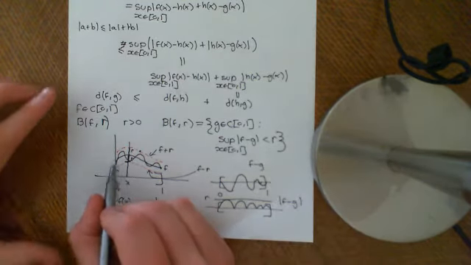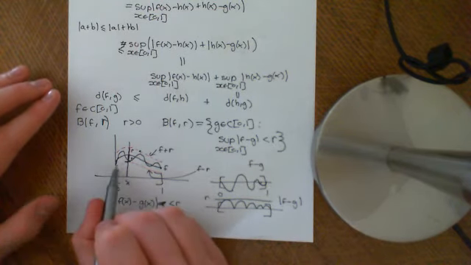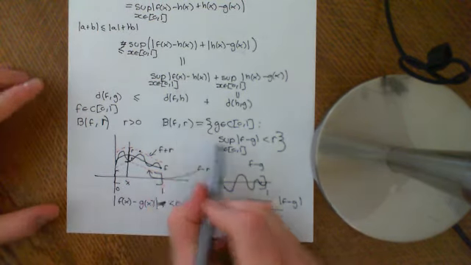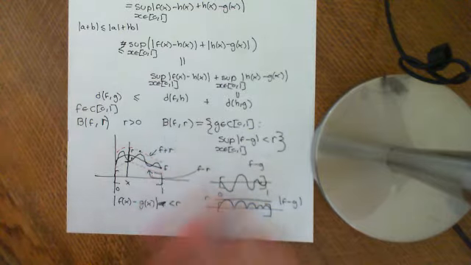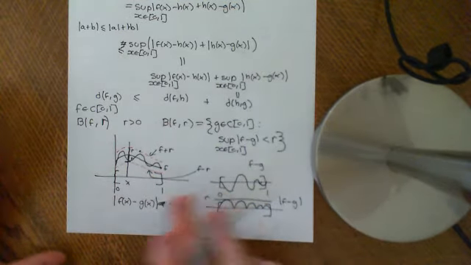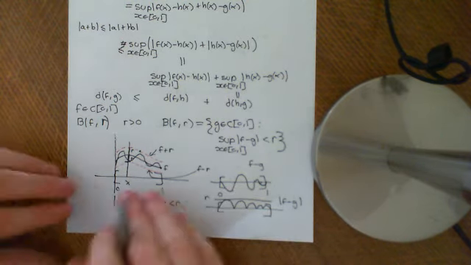So any function that is contained within this ribbon, it cannot be on the boundary points, it must be strictly contained within the ribbon, is going to be in this ball of radius r around f. So that's what open balls look like in this metric space. Okay, so now what we want is to look at closed balls.